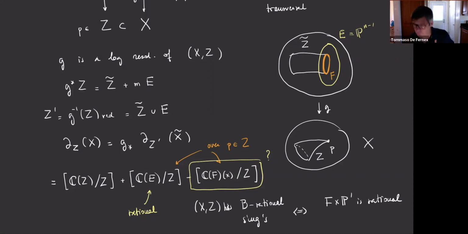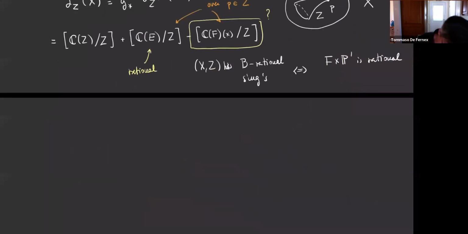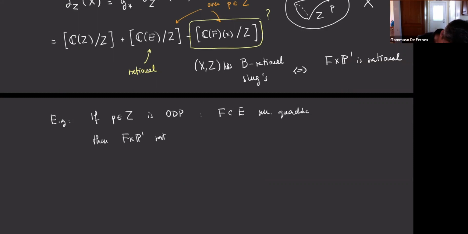So that's a condition on F. So for instance, if P inside Z is an ordinary double point, which means that F inside E is a smooth quadric, then F cross P1 is rational. Hence, XZ has birational singularities.